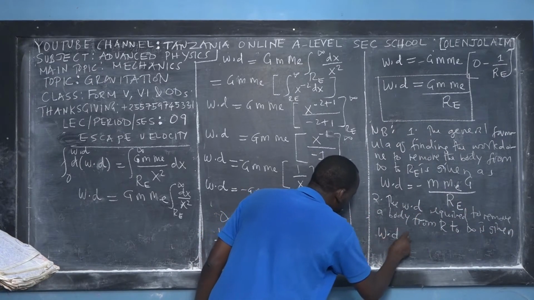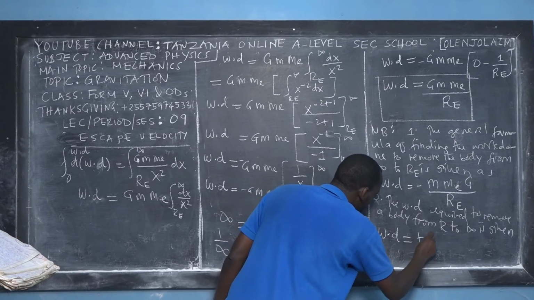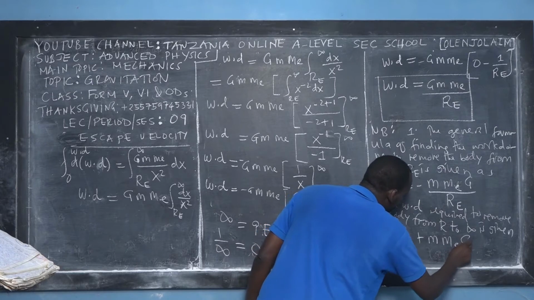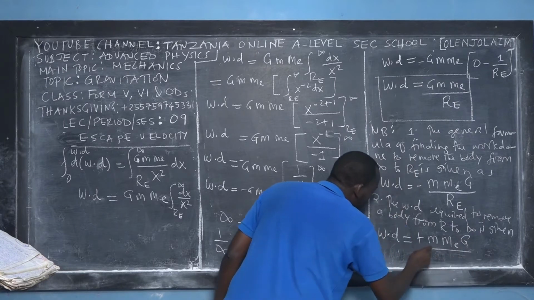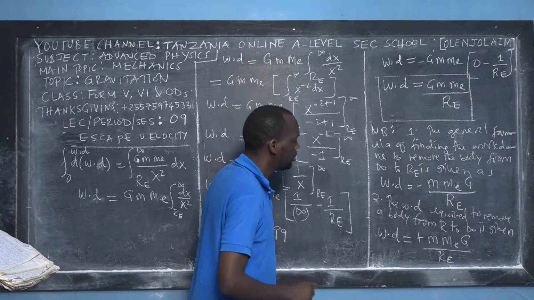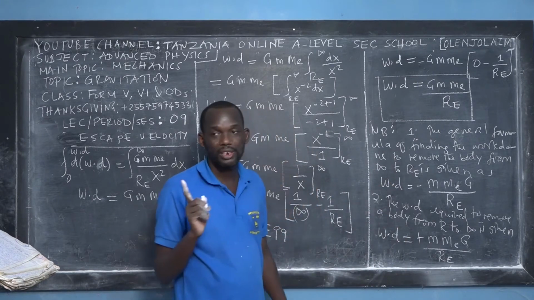Work done is equal to positive mass of the body times mass of the S times universal gravitational constant over the radius of the S. So take note of these 2 different formulas.